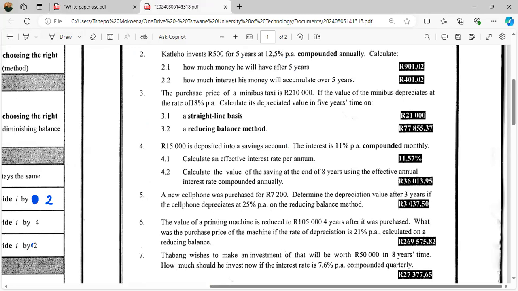When you go to the bank and invest money, you are actually lending the bank your money. Just know that this 500 Rand is no longer there for Katleho. They use it, they give it to the next person, and then they make interest, so the bank makes money with your money.